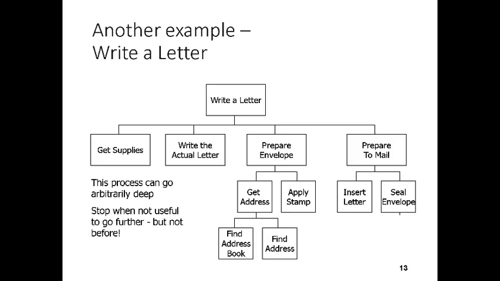This is a very crude breakdown, but you can see that I can definitely go into a lot of detail for such a simple task, such as writing a letter. Keep in mind that the process can go arbitrarily deep. You can go extremely detailed. But you want to stop when the information is no longer useful. There might be no added benefit to breaking things down any further.